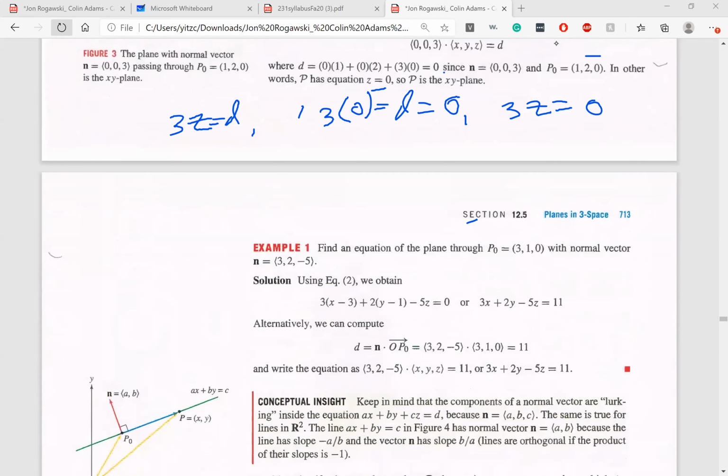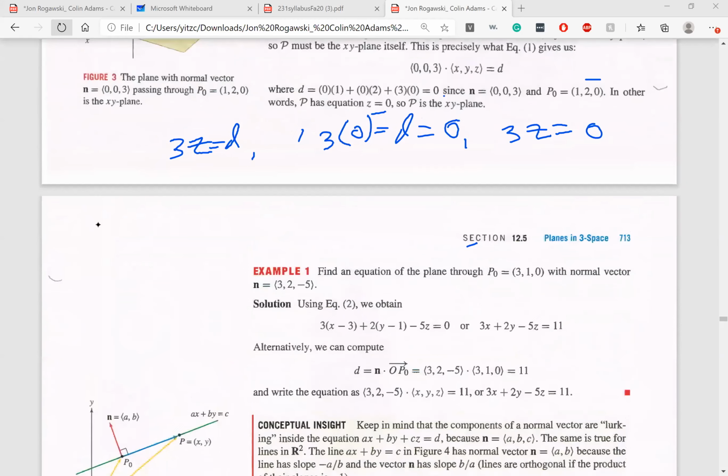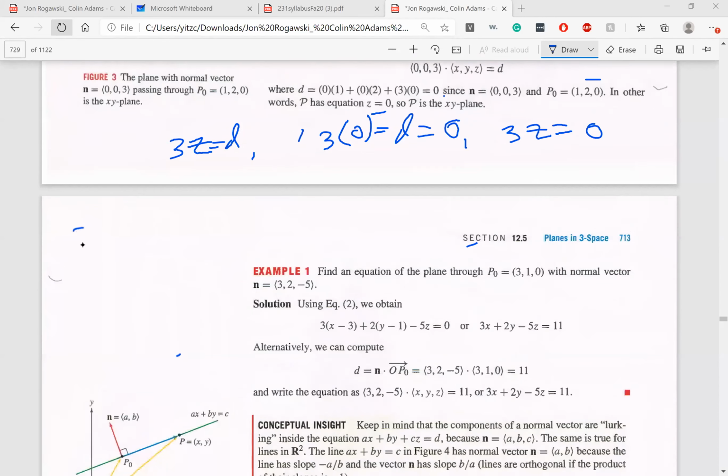Okay, so now what they want us to do is find the equation of the plane through the point. Basically what we've been doing until now, same exact problem. Again, when we have a normal vector, we can write out the way our plane looks. So it's going to be 3x plus 2y minus 5z is equal to d.